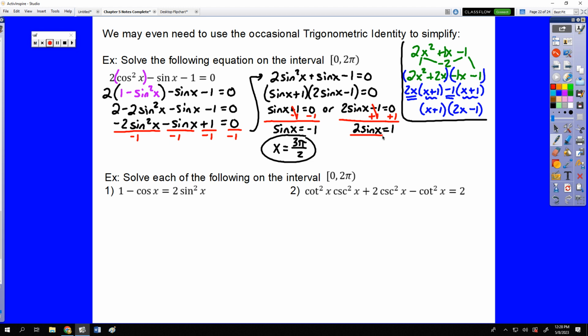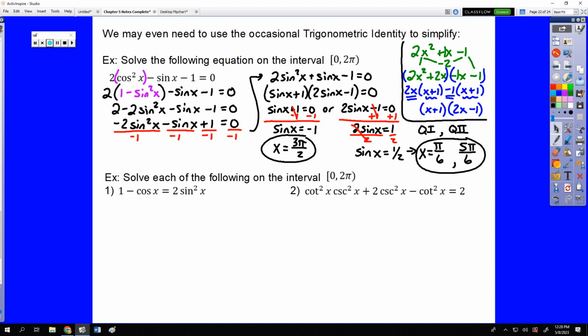Then I would divide by 2, giving me sine of x is positive 1/2. That happens twice, once in quadrant 1 and again in quadrant 2, where sine is positive. That tells me that x is pi over 6 in quadrant 1 and 5 pi over 6 in quadrant 2.